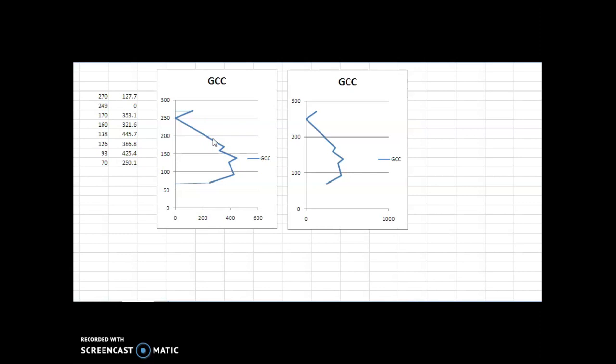To compare the data in the last column with the plot, we can compare table and plot both. Here it will give you the hot utility requirement, and this distance will give you the cold utility requirement. This is 250 and this is 127.7. This is the same graph that is given in the book, shown by formatting the axis. The book gives you this type of plot.